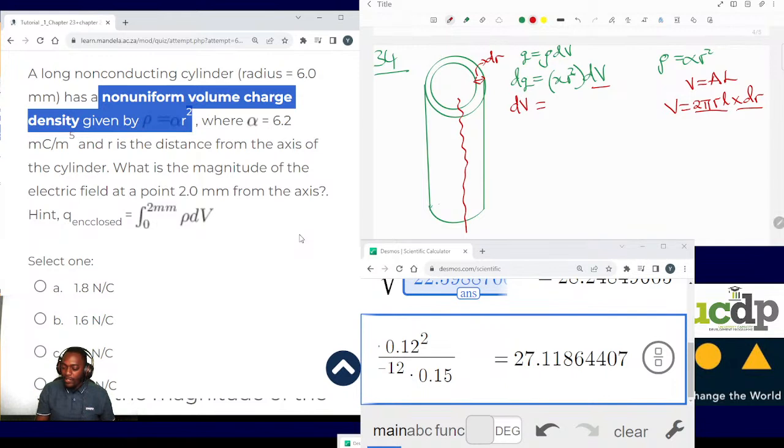If you cut it open, it becomes like this.